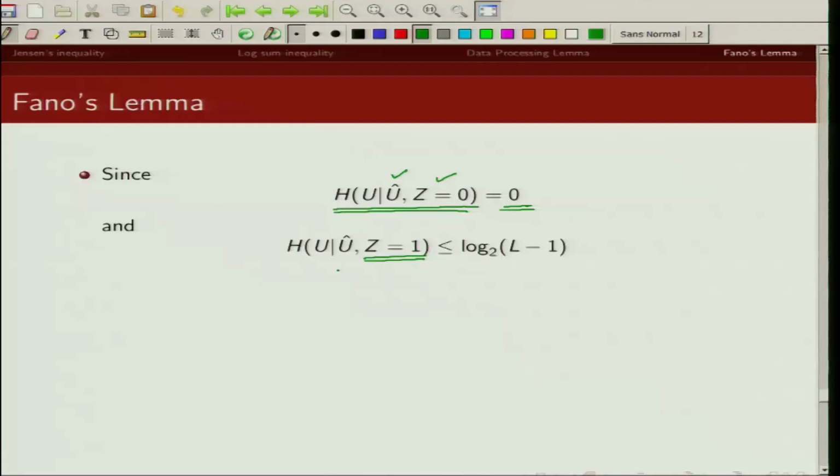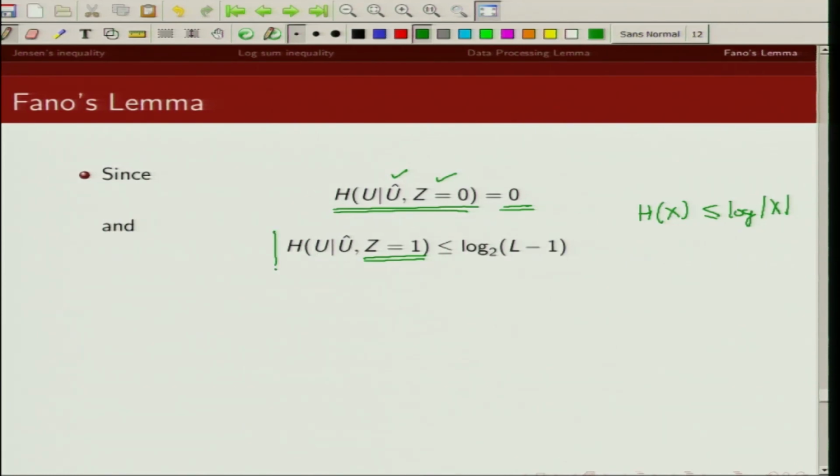So you know that U can take any value except U hat when Z is 1, and we know that if you have a discrete random variable, the entropy is upper bounded by the log of the number of possibilities of X. In this case, the number of possibilities for U is L minus 1, because U is not the same as U hat and U is an L valued random variable.